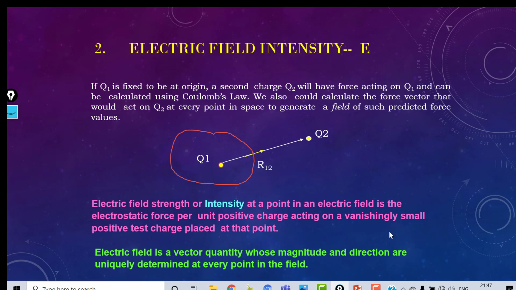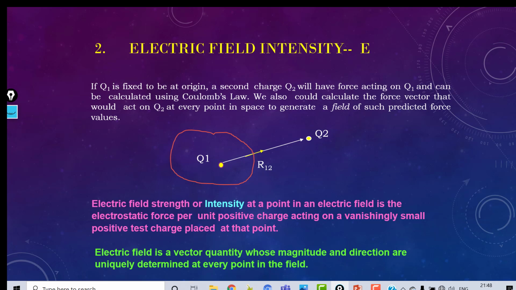The next and very important parameter of electrostatics is electric field intensity, which is indicated by E bar. Suppose two point charges Q1 and Q2 are placed near each other. Now Q1 has its own electric field surrounding it as shown in the figure. The second charge Q2, which is present near Q1, will experience a force according to Coulomb's law.